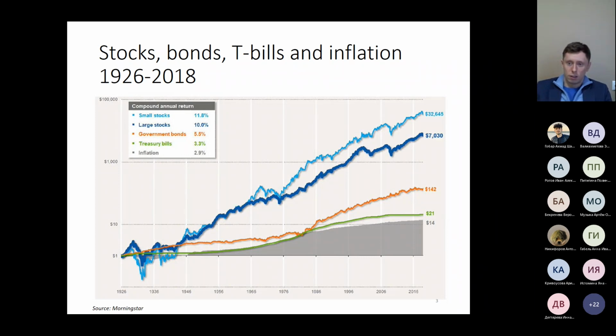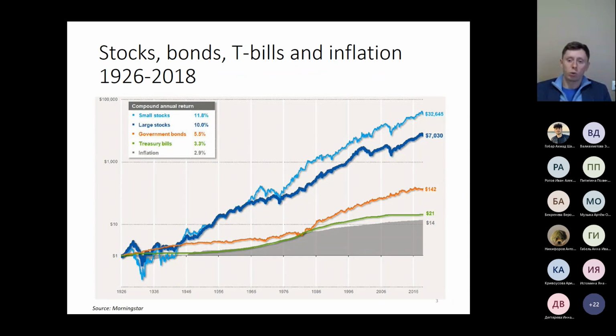On the top, you see the return of the group of assets which are the most lucrative, which have the highest return: 32,645. This is the amount of money we would have if we invested $1 at the beginning of 1926.